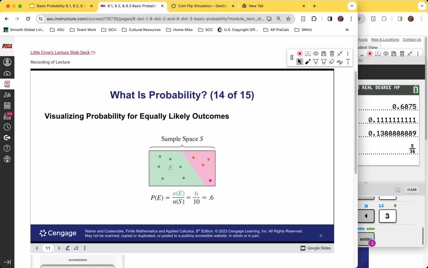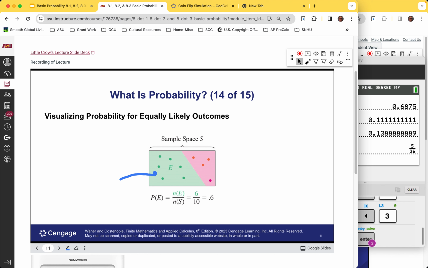The pink is everything of it not happening. And so the probability is 1, 2, 3, 4, 5, 6. There are 6 in the green region. And there are 1, 2, 3, 4, so a total of 10. So it's a 60% chance that this event in the green region happens, right? It's just counting. So it's observation.